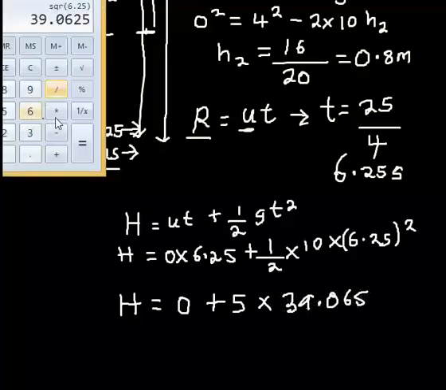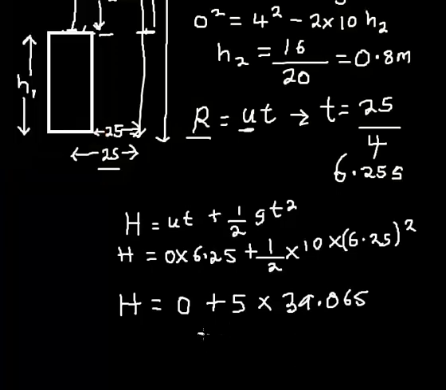So this is going to be times 5, which is 195.3125. I can approximate it to 195.3, or better still 195 meters.